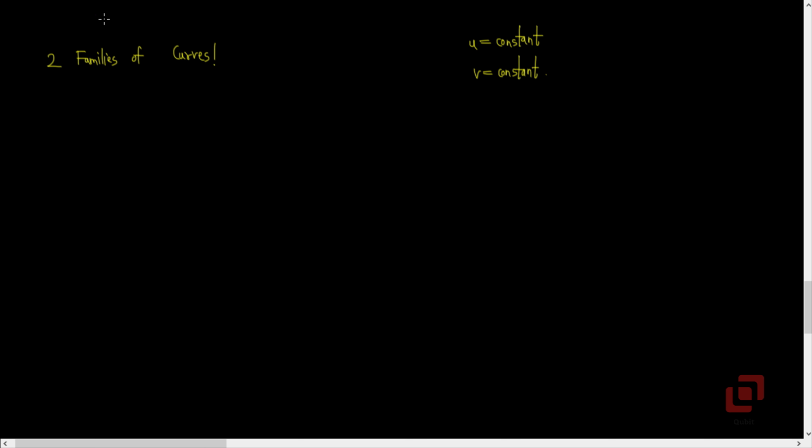Let's continue to discuss the grid curves. As we saw in the example of the paraboloid, if we let one of the parameters be a constant, then we get two families of curves and we have called them the grid curves. These two families are u equal to constant and v equal to constant.